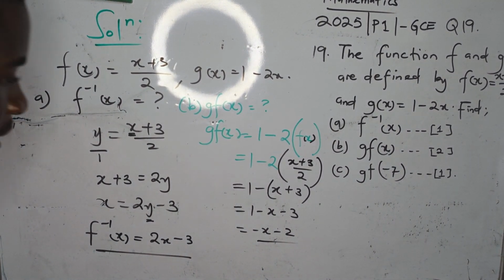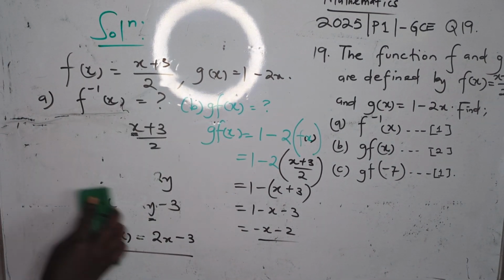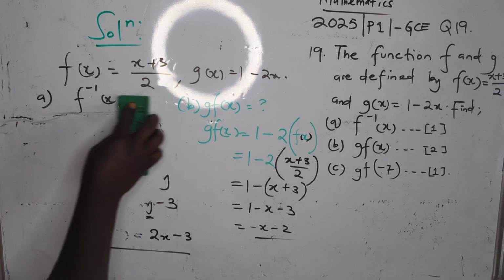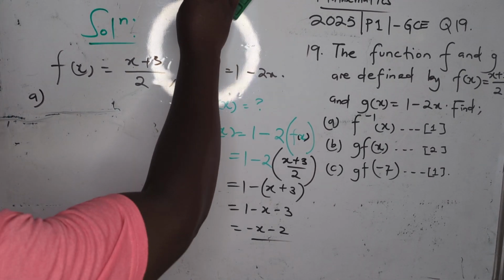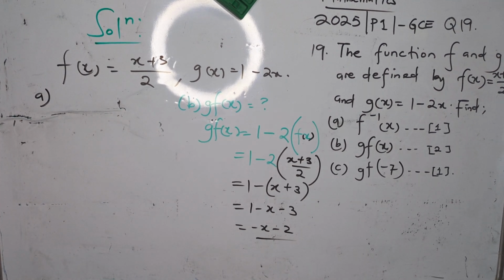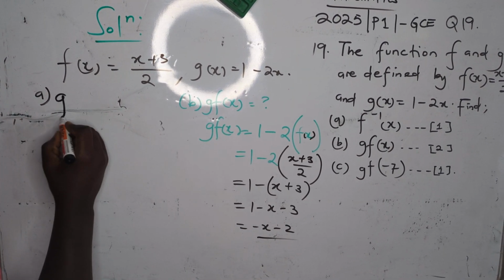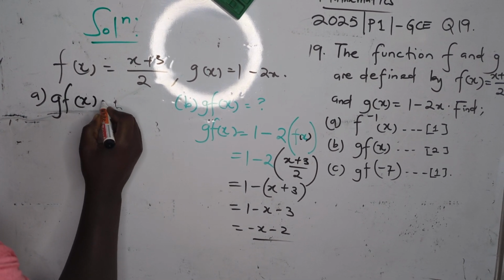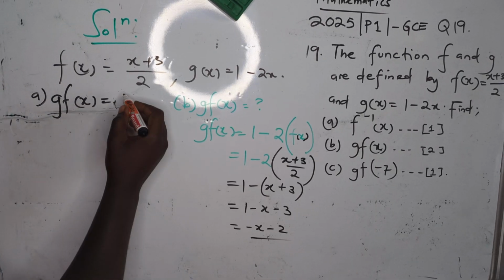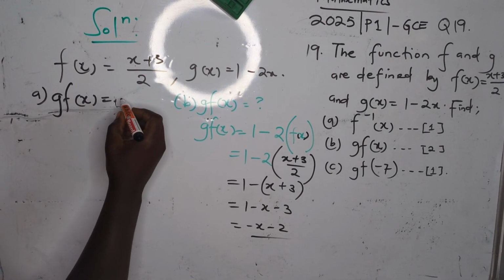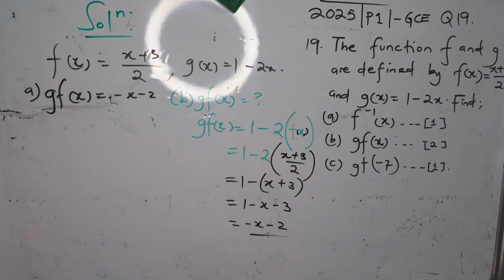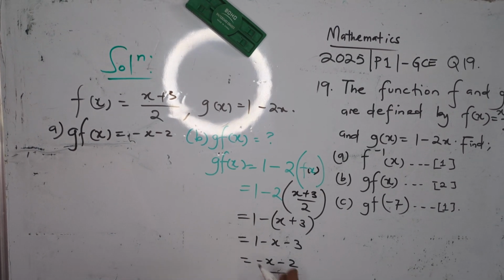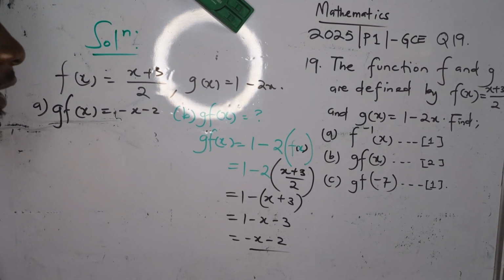Alright? So let me just create some space here and solve the last part of the question. Here we're targeting 1 mark only. Very easy. So this is going to be g of f of x, of which we already know. We've gotten the answer here. So we're using the answer that we found in part B to find g of f of negative 7.